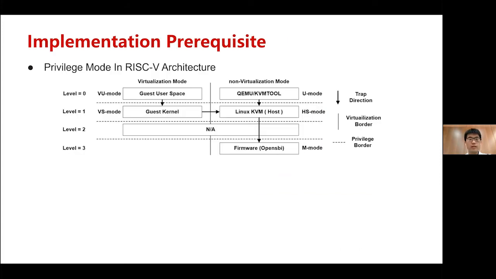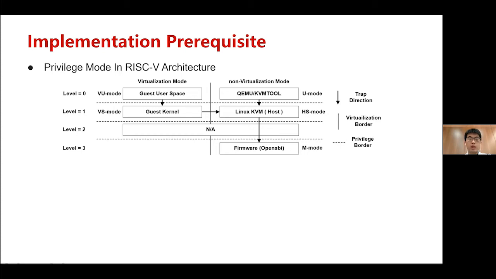To validate our ideas, we implement a prototype on the RISC-V systems. In RISC-V architectures, privilege modes are defined as shown in the figure. There are 4 privilege levels and 2 virtualization modes.